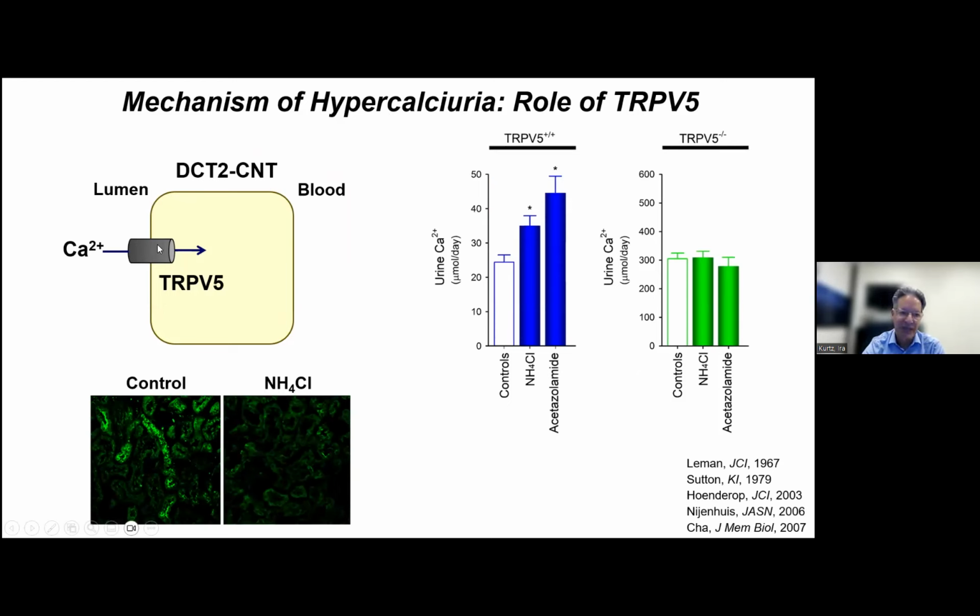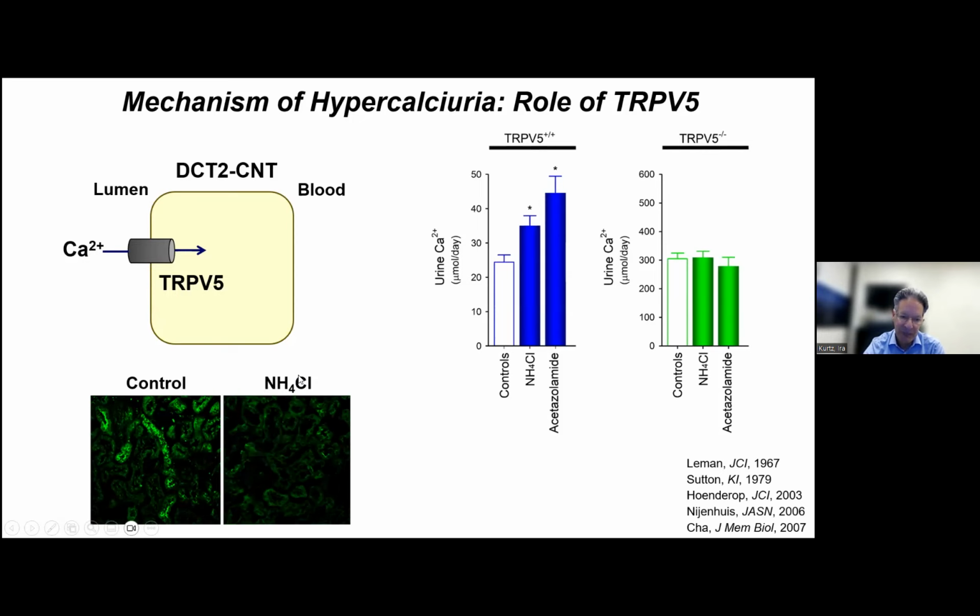So it's expressed on the apical membrane, and it's responsible for taking calcium from the lumen into the cell, but it's very pH sensitive. And this is an experiment in animals where if you just give ammonium chloride and acidify the blood of the animal, you can see that the expression of this thing, here it is in the control animals, the green is the expression in the distal convoluted tubule.